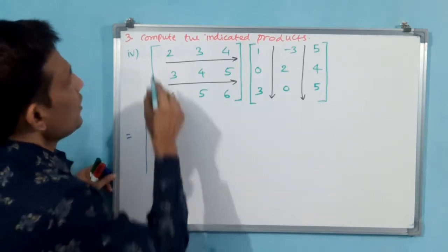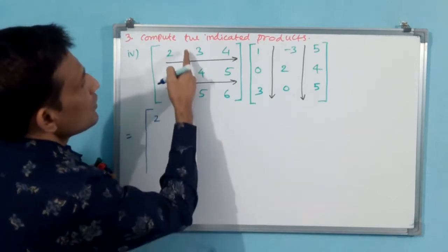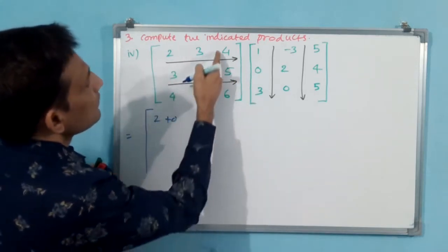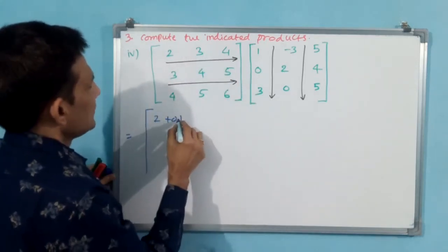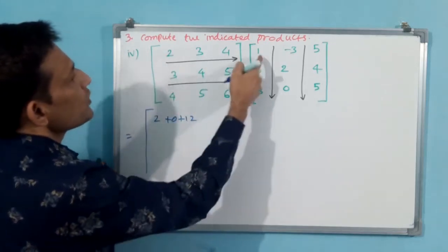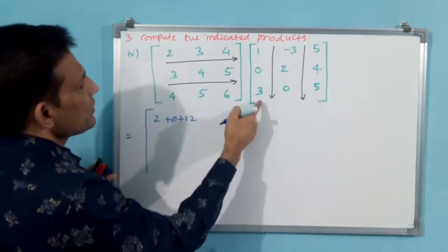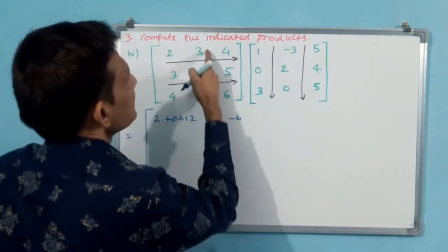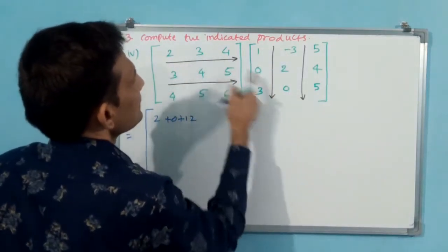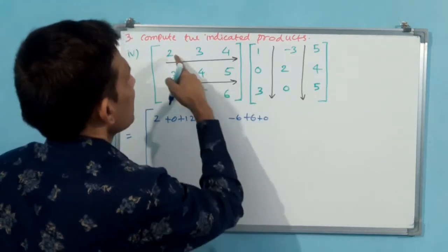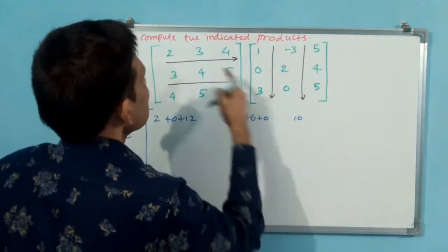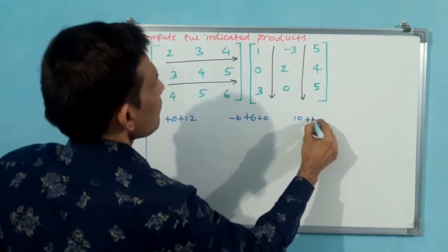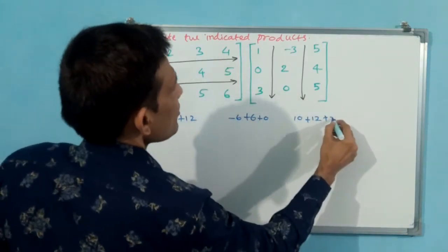Now you see 2 into 1, 2, 0, 12. Is it okay? First you see 2 into 1, 2, 3 into 0, 0, 4 into 3, 12. Then 2 into minus 3, minus 6, plus 6 plus 0. 2 into 5, 10, 3 into 4, 12, 4 into 5, 20.